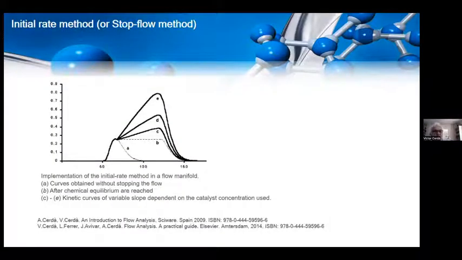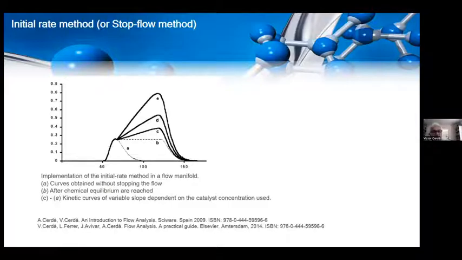You are using a flow method, for example, flow injection analysis or multi-stream flow injection method. What you can do is, when you have added the catalyst, the reaction begins to increase, you stop here.